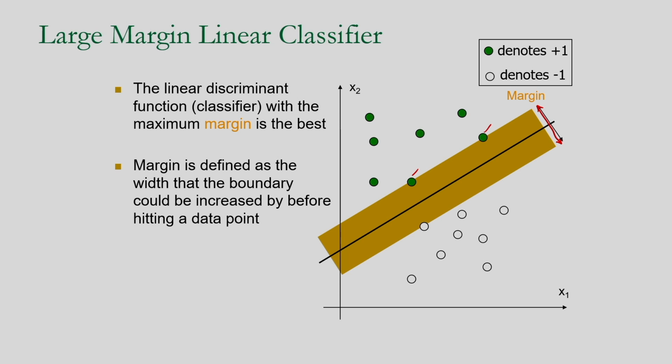Beyond this I cannot increase the width because it will touch the data points. So just before hitting the data points I have to stop, and if I consider this to be the width of the decision boundary, that corresponds to the margin.